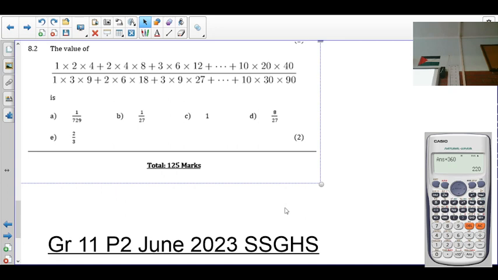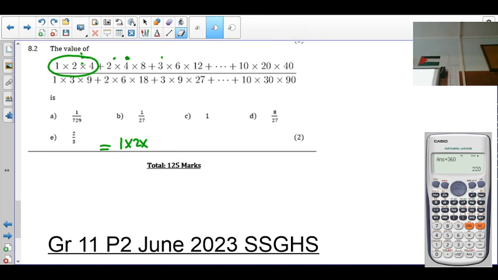So what do we notice here? For each and every one, for the numerator, it's going to be 1 times 2 times 4, which is common in the first, second, third, and so on. Because if I times it by 1, I get this. If I times it by 2, I get 2, 4, and 8.